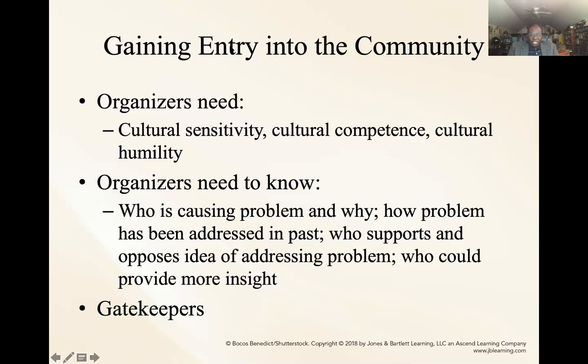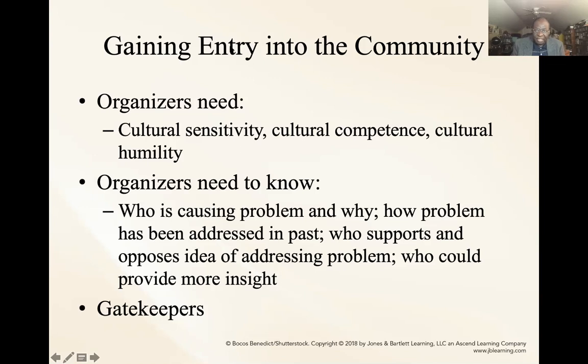Gaining entry into the community. This is, again, one of the biggest things, especially in today's environment, going back to some of the issues that we deal with in various ways.